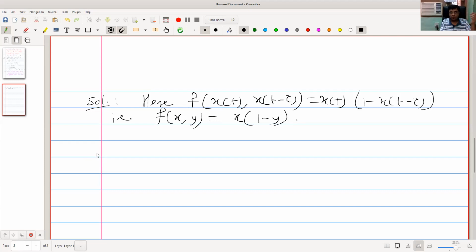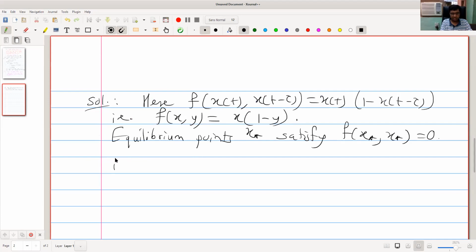Now, next thing is to find equilibrium points. We use the equation f of x star comma x star equal to 0. Equilibrium points x star satisfy f of x star comma x star equal to 0, that is x star into 1 minus x star equal to 0.